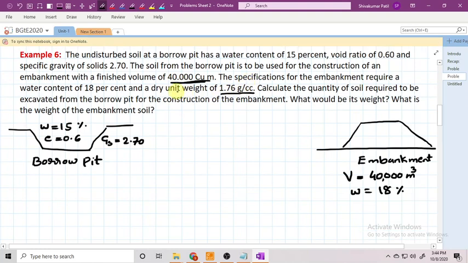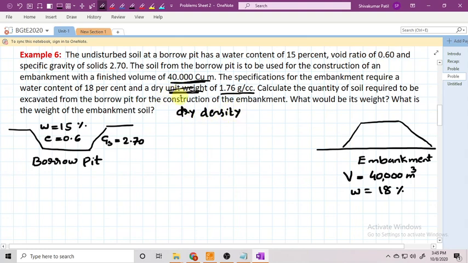If they are using density, then they must use dry density, not unit weight. So this should be dry density.